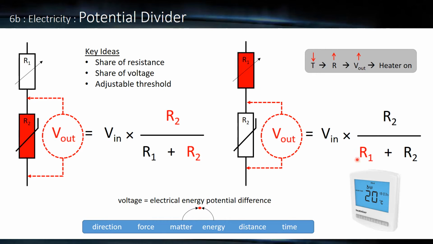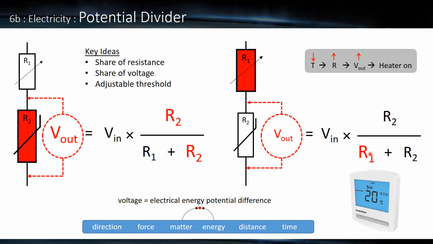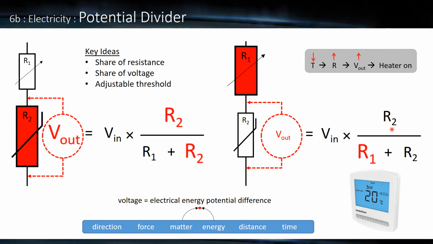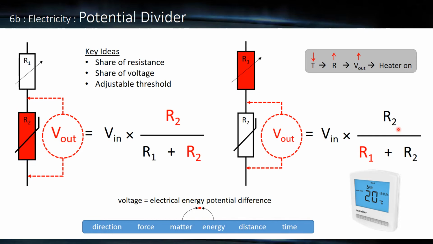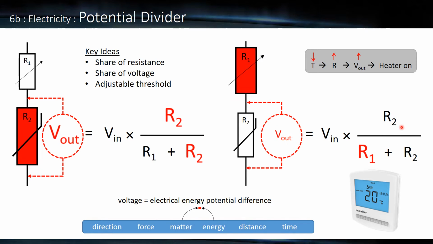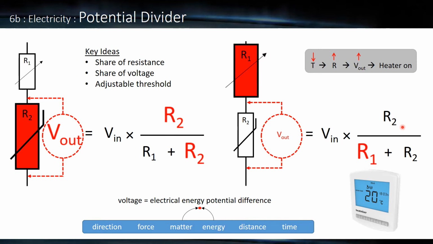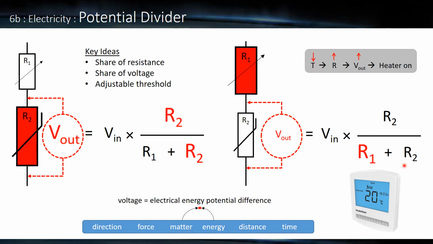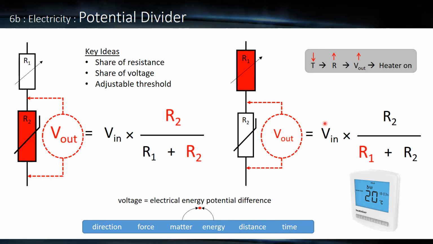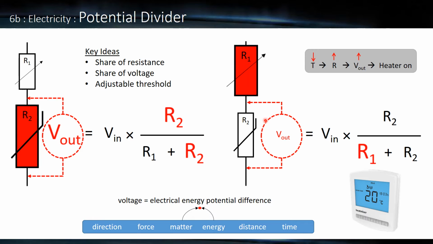R2 isn't changing, R1 is changing, but this does change the proportion of the resistance, first of all, that R2 represents. So the bigger R1 gets, again, think of a very high number, think of R2 being 10, this goes up to 1,000,000, then suddenly R2 is a very small proportion of the resistance, and that's what this term expresses. And again, because V in is constant, that is going to influence the V out, the share of voltage across here. Now, in terms of what's actually going on, we've got a summary here.